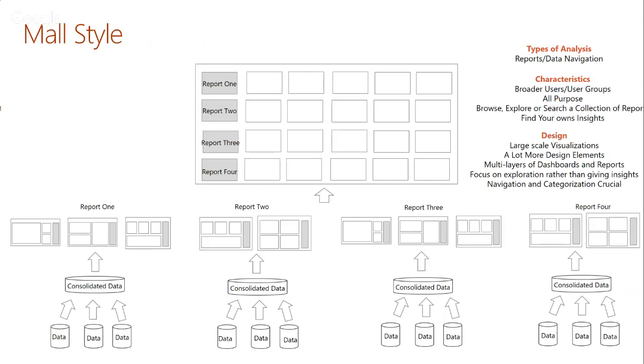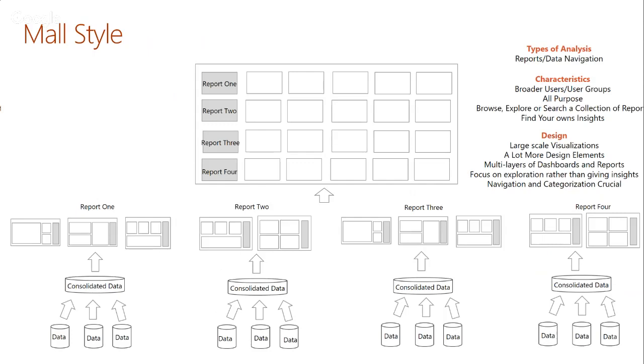I'm thinking about how you go to malls and there are a lot of different stores, and within the mall there are different information units and products inside, right? It's really multi-layer. One of the scenarios where mall style is really good is when you want to provide a lot of navigation to your data.